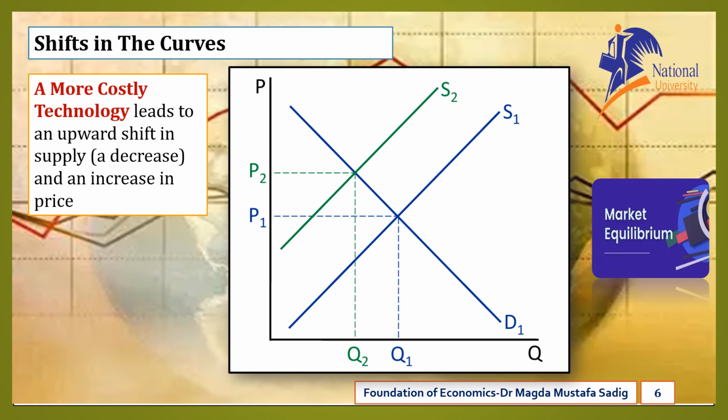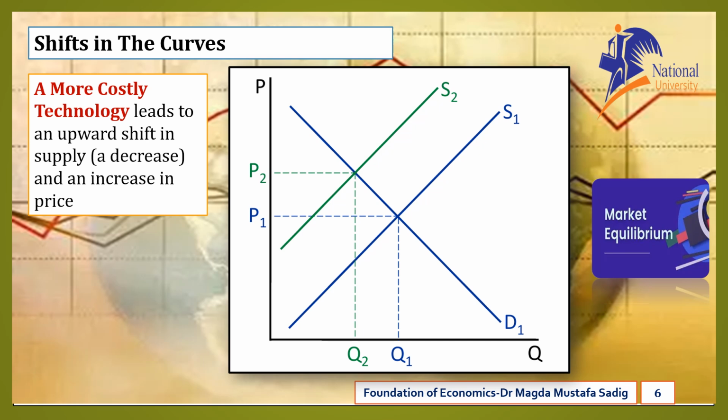We have the quantity on the horizontal axis, the x-axis, the price on the vertical axis, the y-axis, and we have the demand curve D1, a downward sloping curve, the supply curve S1, an upward sloping curve, and the market equilibrium at P1, Q1.